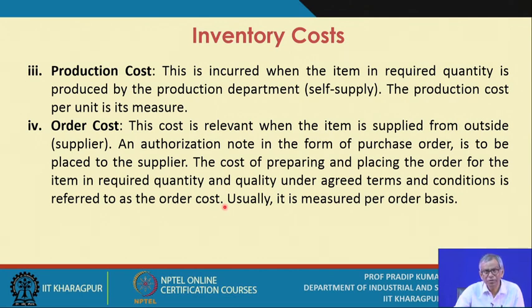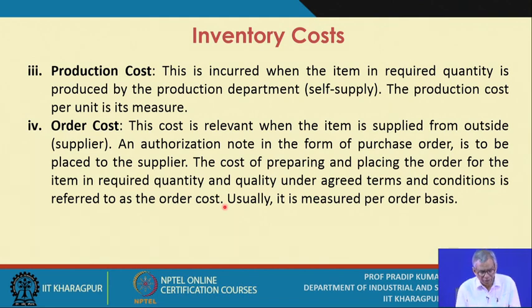Right. So you need to know what are the activities you carry out while you place the order, while you prepare the purchase order. There are many sorts of activities you carry out, and then when you get the order supplied, then also many sorts of activities you carry out.